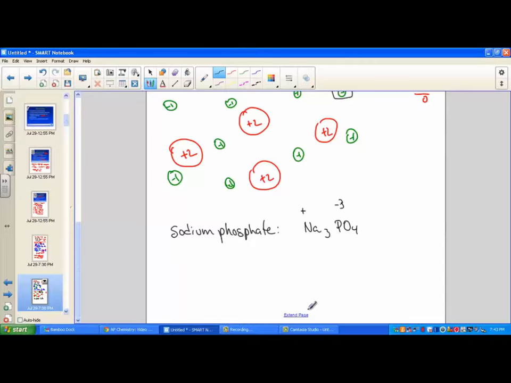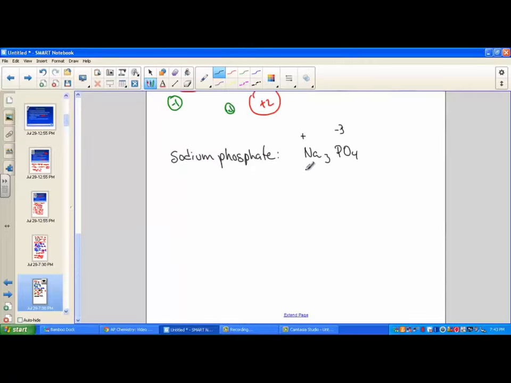Now keep in mind we're told to draw 6 positive ions. So I'll use blue this time, and they're going to be a +1 charge. So I'm going to do 1 sodium, +1, 2, 3, 4, 5, 6, randomly placed.